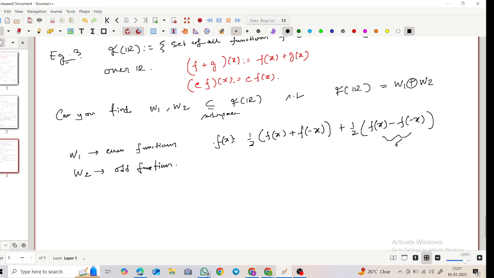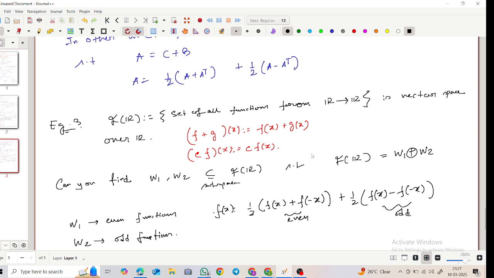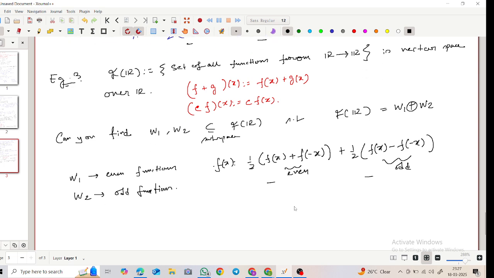So this is the odd part, this is the even part, and you know a function can never be even and odd at the same time unless it is a zero function. So are you getting some similarities between these two decompositions? You see, they are exactly the same thing, right? They are the exact same thing. Okay.